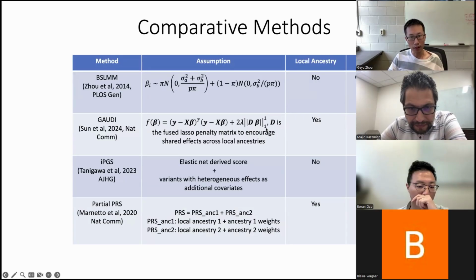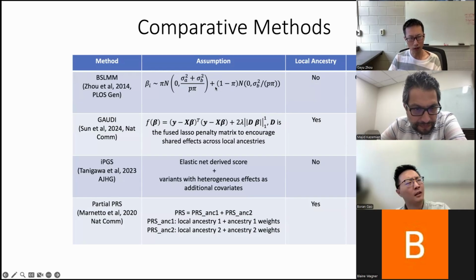First, BSLMM and PGS do not use the information from the local ancestry. BSLMM is a sparse mixture of two normals, like a spike-and-slab model, and PGS is basically an elastic net-based model.